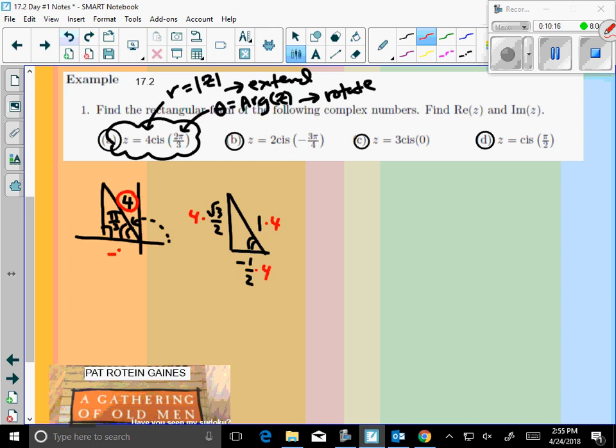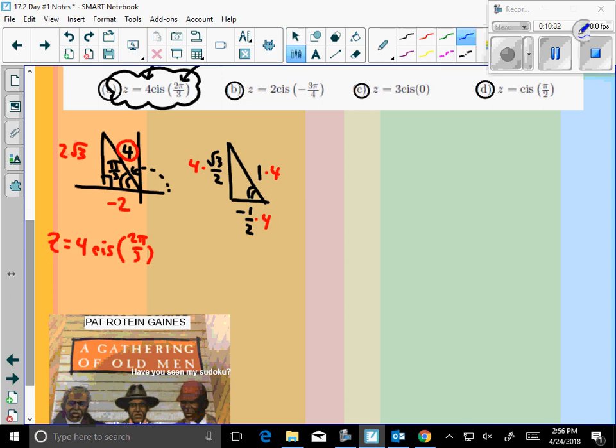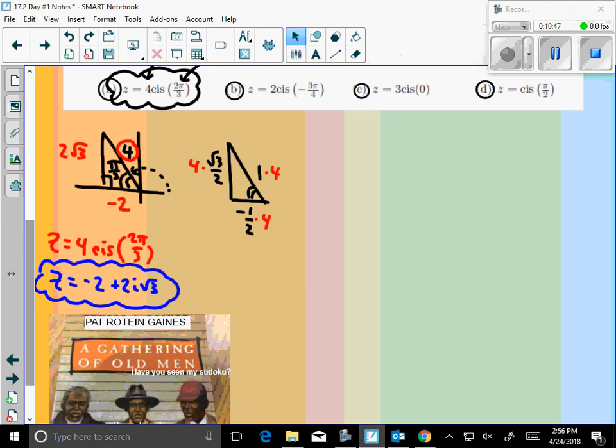And if I do that, I get negative 2, and I get 2 root 3. So this polar coordinate, z equals 4 cis 2 pi over 3, is equivalent to this rectangular coordinate, negative 2 plus 2i root 3. Notice I toss the i back in there after I've come up with that rectangular coordinate.